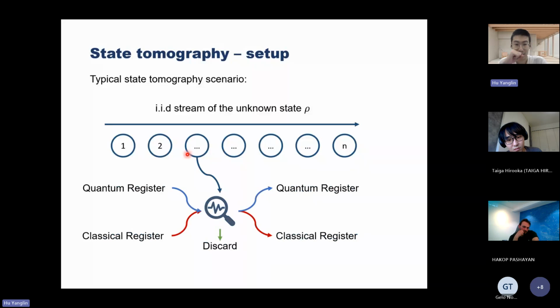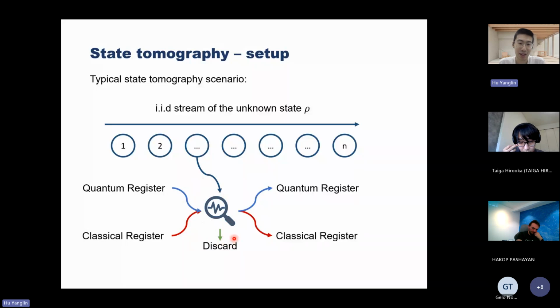Okay, so basically, what we can do is, when we first take a state rho and put it into our quantum register, we also have a quantum register we keep. We have also a quantum register alive, and we put these two parts together, and we use the classical register to control measurement on this new quantum state and the quantum register we keep.